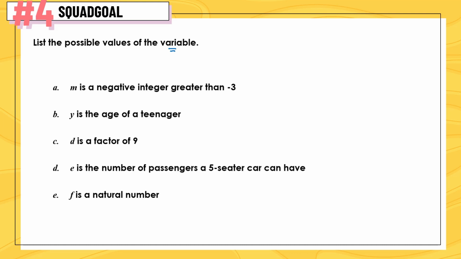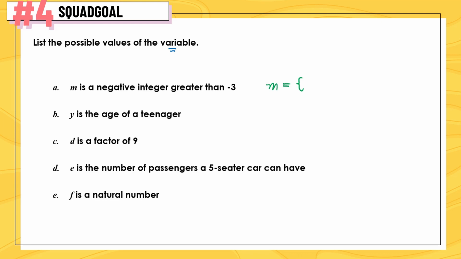M is a negative integer greater than negative 3. To write your answer for this one, let's write M since that is your variable, and the mathematical language for "is" is the equal sign. Okay? Let's write our answer as a set.